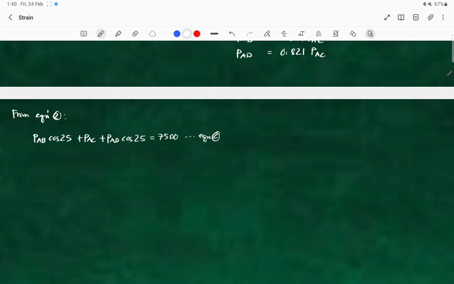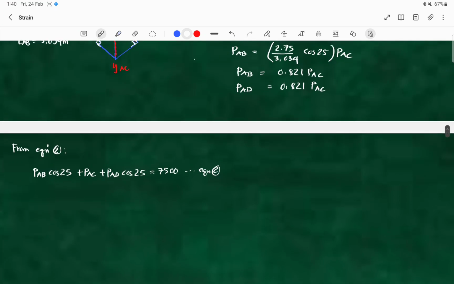Ito na yan. Ngayon, i-substitute natin yung value ni force EB. So, we have force EB na, sabihin natin this is equation 3. So, substitute equation 3, we have 0.821 ni force ni EC cosine 25. And then, we have force ni AC. And then, yung force ni AD, substitute natin yung, sabihin natin this is equation 4.